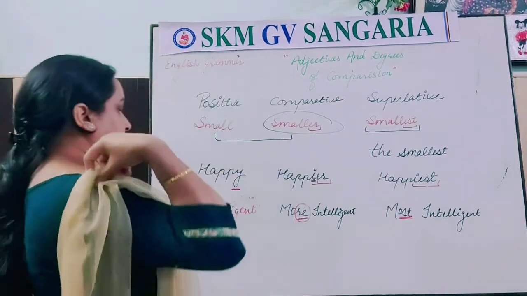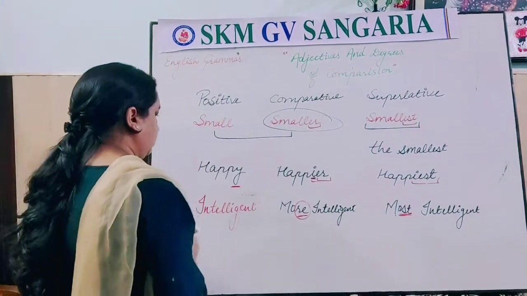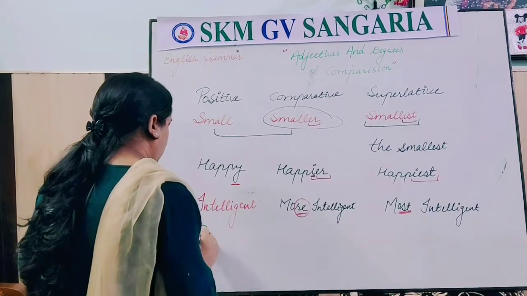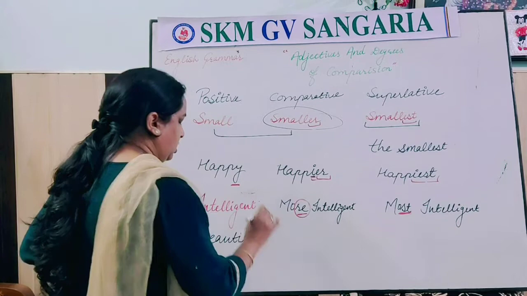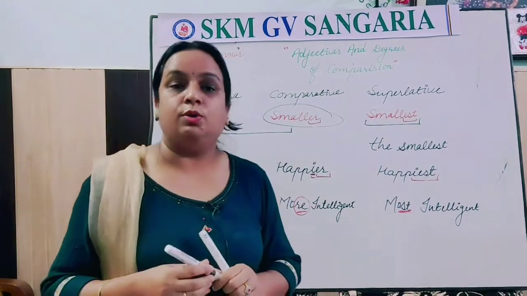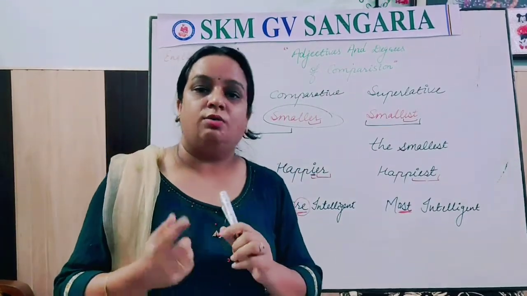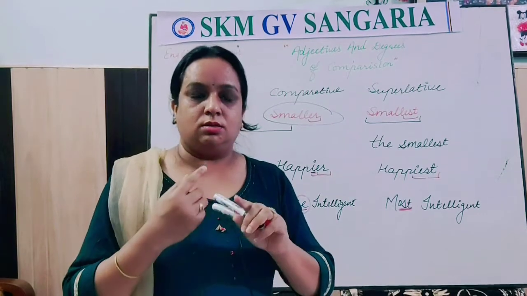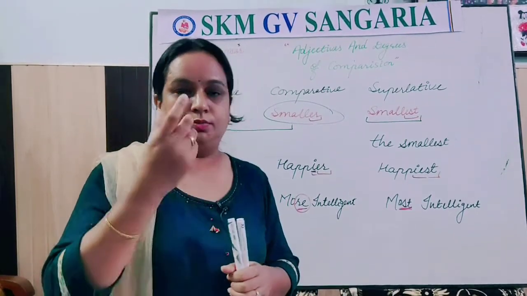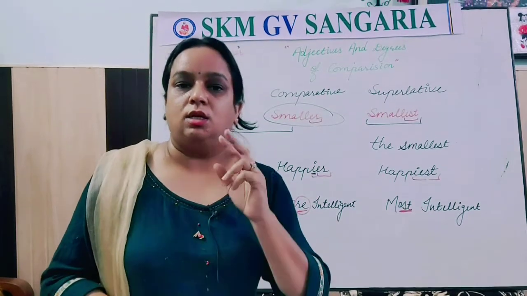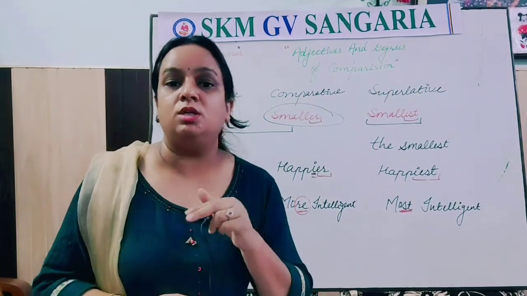Let's take more examples. The adjective I am using here is beautiful. Now pronounce the word beautiful. It's beautiful. What is the touching time of the tongue and the teeth? That is more than two times. Beautiful.